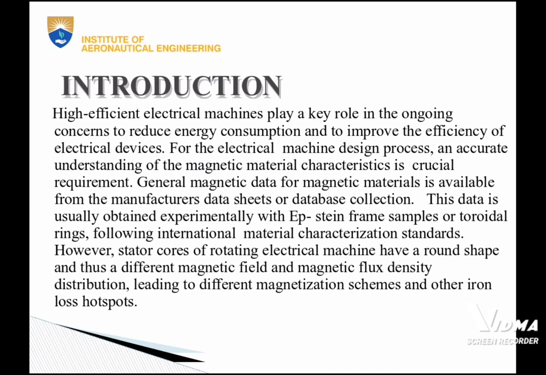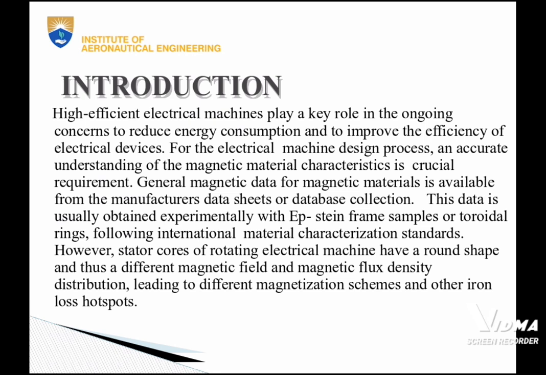Introduction. High efficiency electrical machines play a key role in the ongoing endeavour to reduce energy consumption and to improve the efficiency of electrical devices. For the electrical machine design process, an accurate understanding of the magnetic material characteristics is a critical requirement.